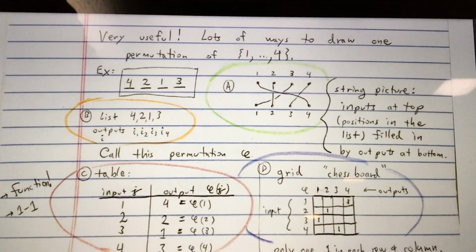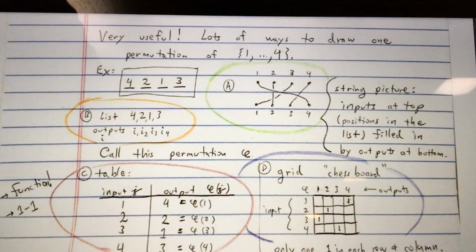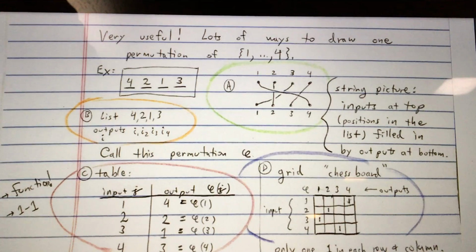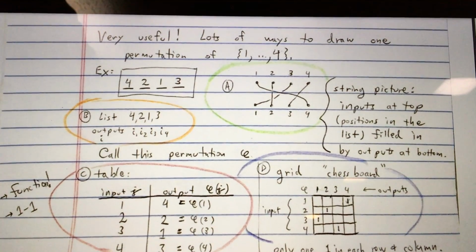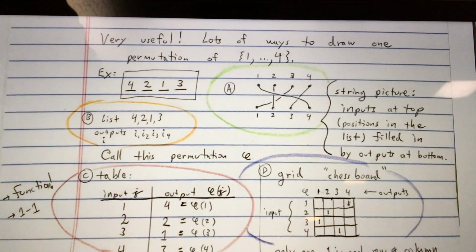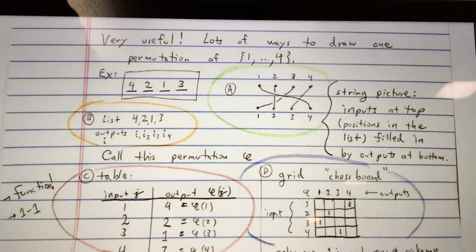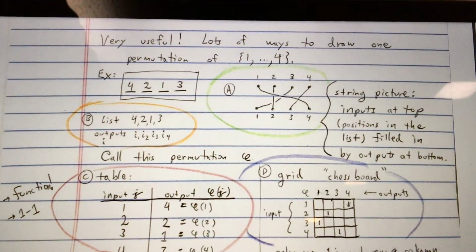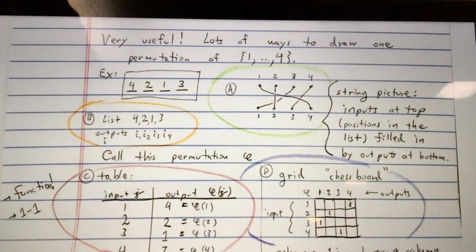So this is a function, and it has to be 1 to 1. The function part says you can't have two outputs for one input, and the 1 to 1 part says that you can't have two inputs going to the same output. That's where it says it can't be repeating.